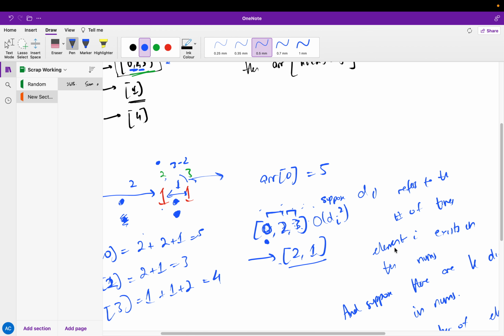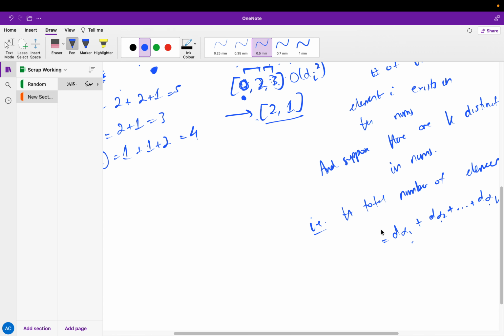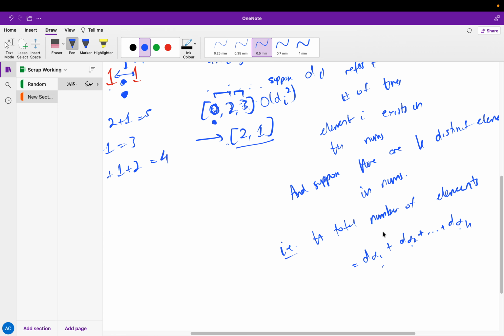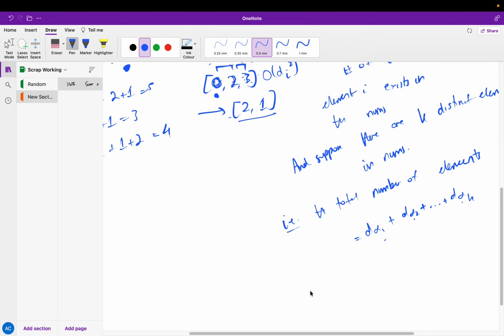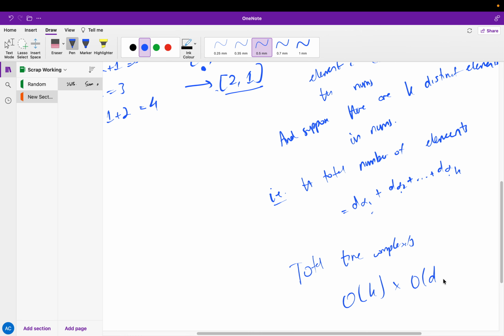And I have to do that for k elements. So total time complexity, I think, is O of k times O of d_i squared.